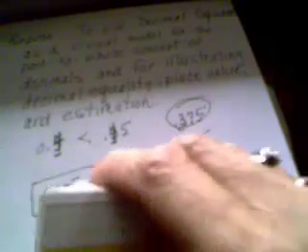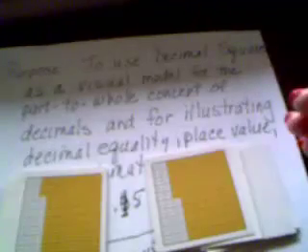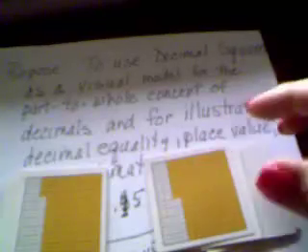So you take your decimal squares and you deal out all the decimal squares and then turn them over. So you have two people with all the decimal squares dealt out. So player 1 turns over his card, player 2 turns over his card, and the card that is greater wins both cards.